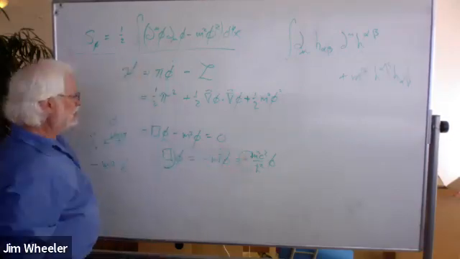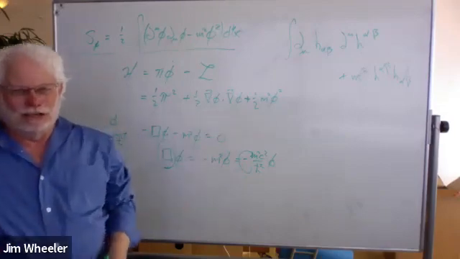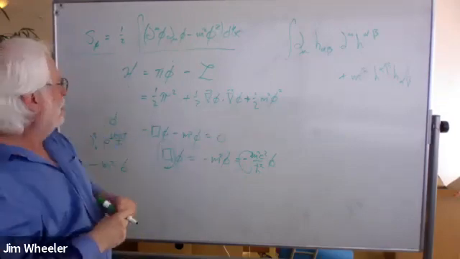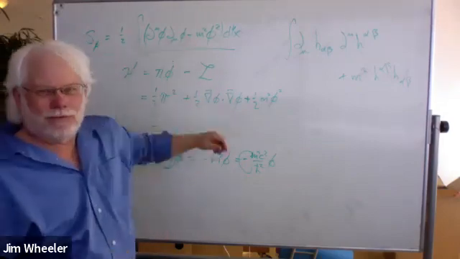That's the reason for the minus sign here, minus sign there, and ultimately the plus sign here. So it's because we're using the funny form of the Minkowski metric that we have a minus sign there.